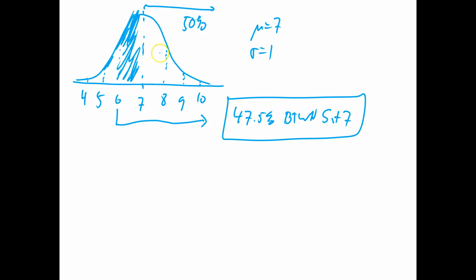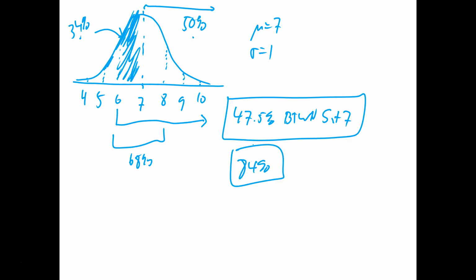That's not too hard, right? It's just half of the entire curve. From 6 to 8 is 68%, so this part right in here is 34%. So 34 plus 50 is 84%. That's all there is to it.